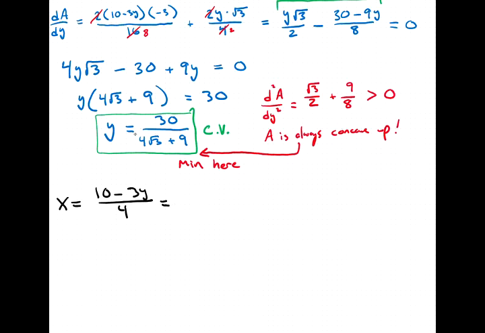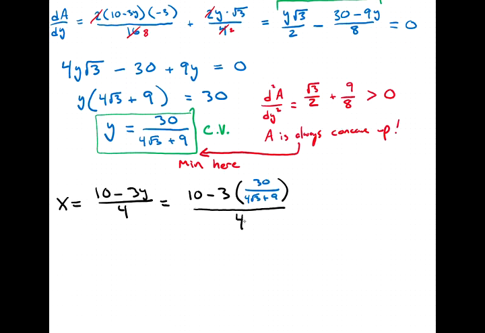And we already know what y is. y is 30 over 4 root 3 plus 9. So that's 10 minus 3 times 30 over 4 root 3 plus 9, and that is all divided by 4.